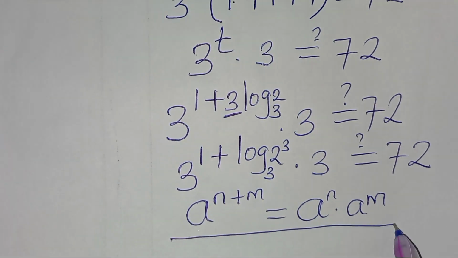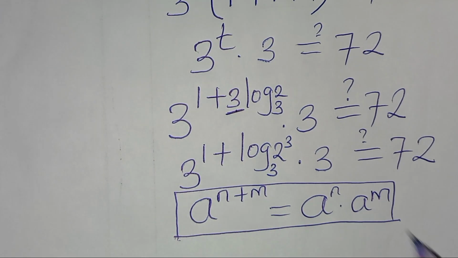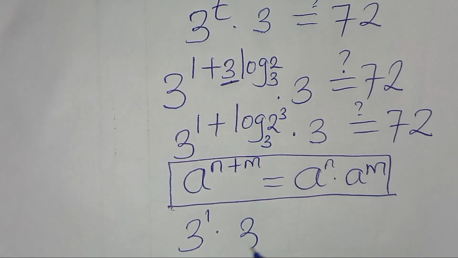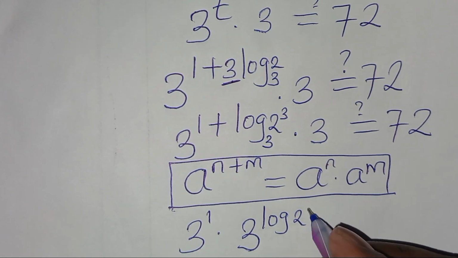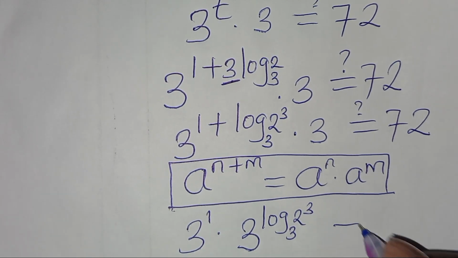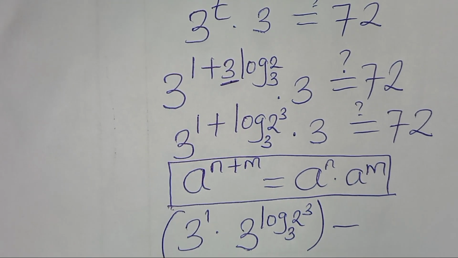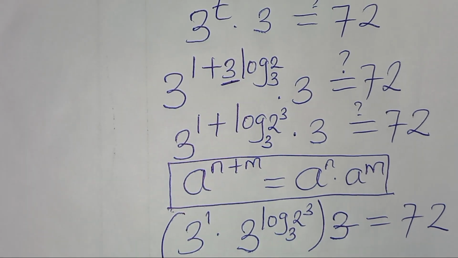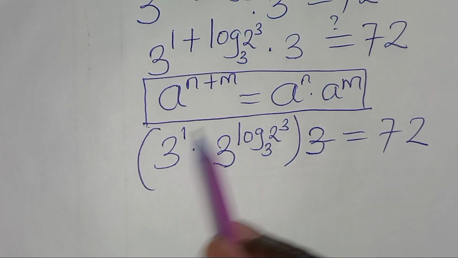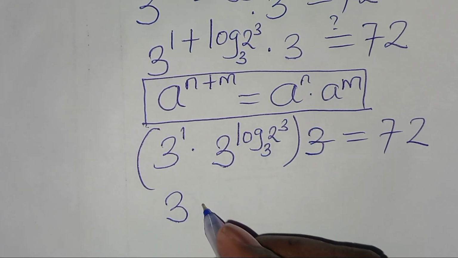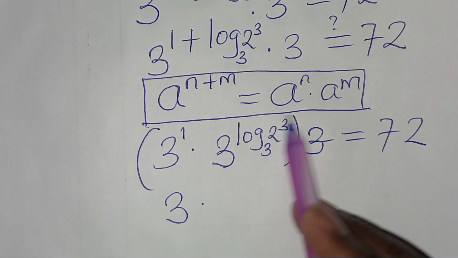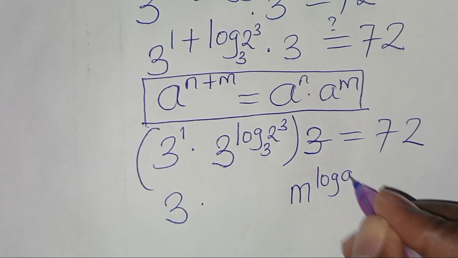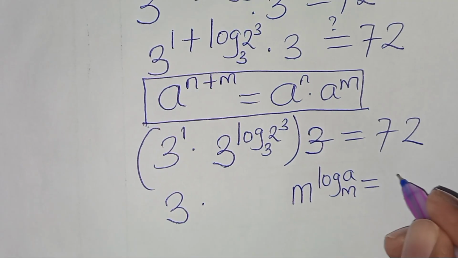Applying this exponent property, this is the same thing as 3^1 times 3^(log 2^3 to base 3), multiplied by 3, which should give us a value of 72. Now this implies that we have 3 times 3^(log 2^3 to base 3), which is in the form m^(log a to base m), and this should give us a value of a.